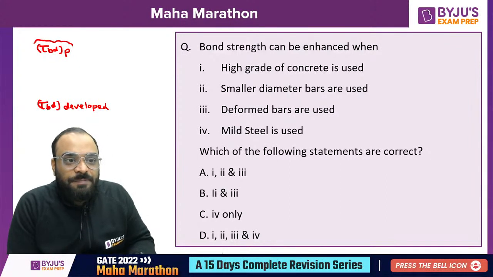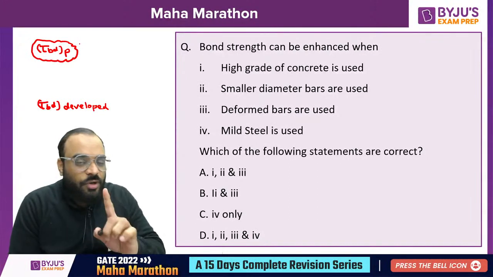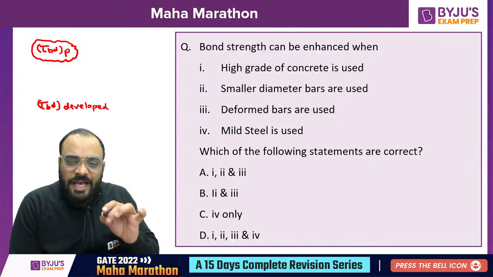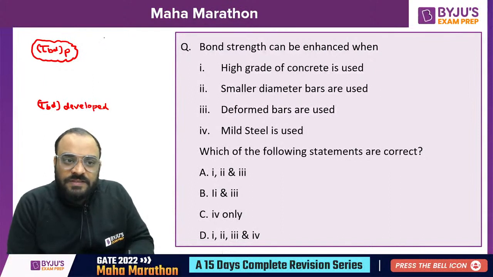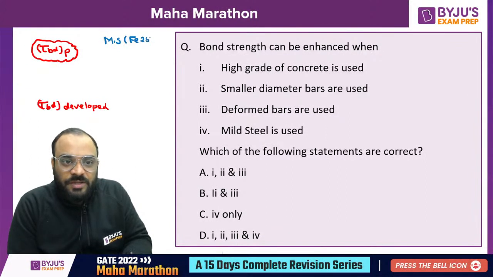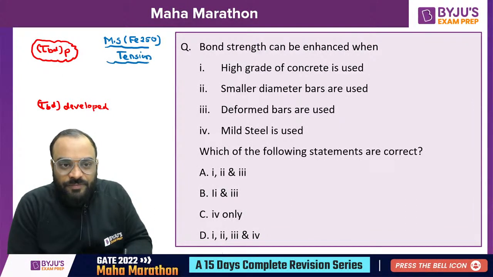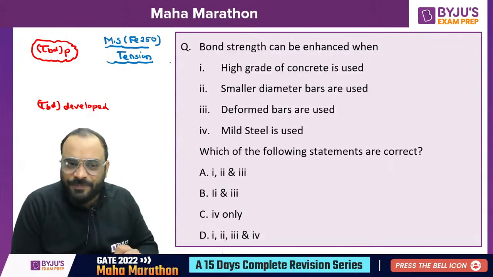If we talk about the permissible value, listen carefully. As per IS 456, the standard values which are given in the code are for mild steel, basically Fe 250 for tension, and for a specific grade of concrete, right?